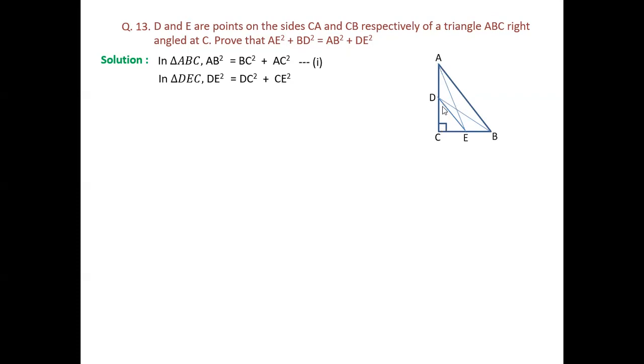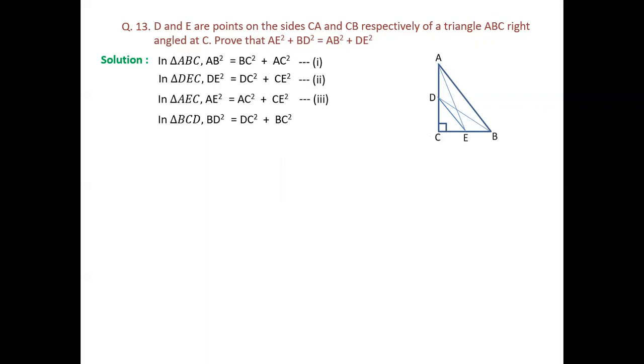So DE square is equal to DC square plus CE square. This is your second equation. Next, take triangle AEC. AE is the hypotenuse, so AE square is equal to AC square plus CE square. This is your third equation.